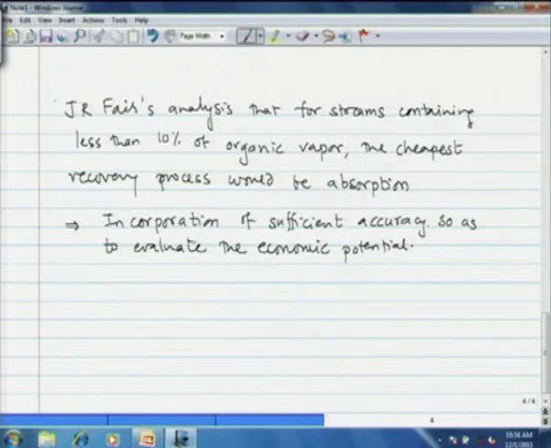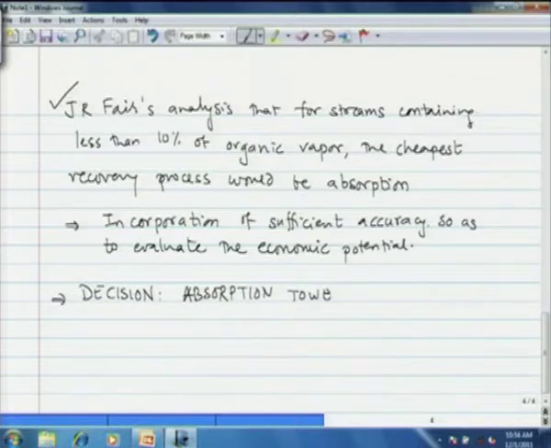Now, based on FAIR's analysis, let us say we make the decision of using an absorption tower for recovery of acetone.